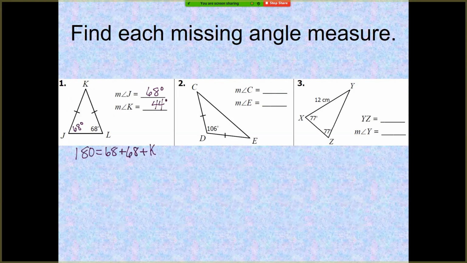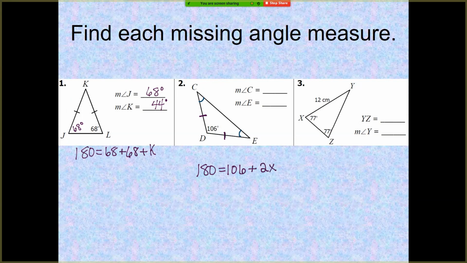Number 2 is kind of a tricky question. I know there's a question similar to this on a test. So I'm giving you an isosceles triangle because we have these two sides congruent. Since those two sides are congruent, these two angles have to be congruent. So here I know that 180 equals 106 plus I have two of the same angles. I'm just going to say the angles are x.